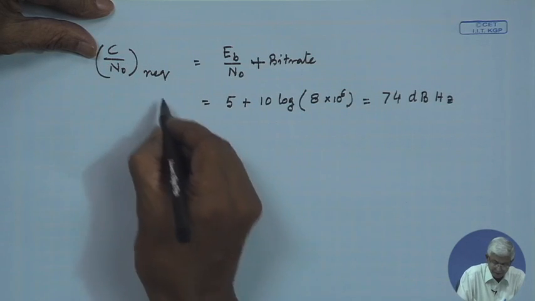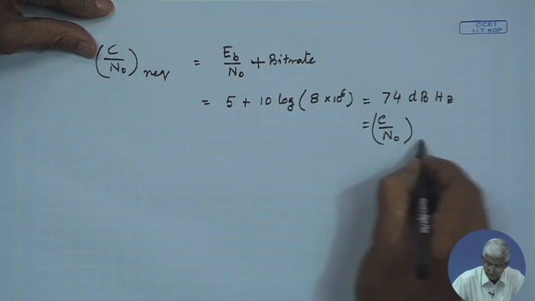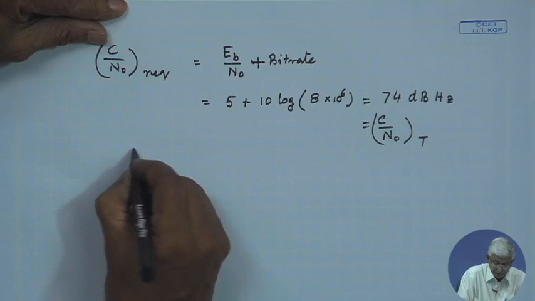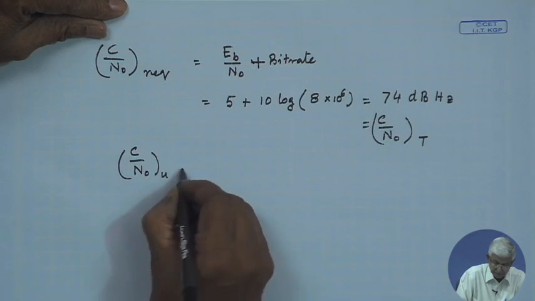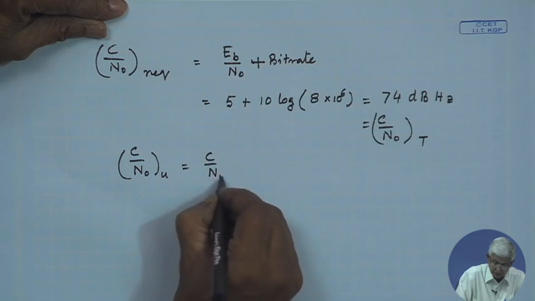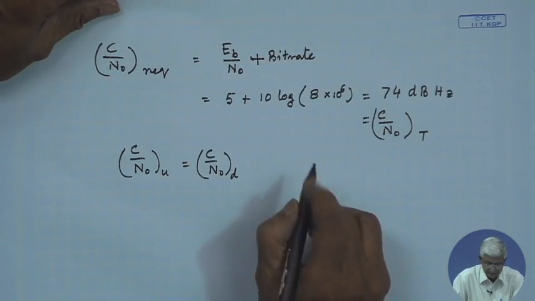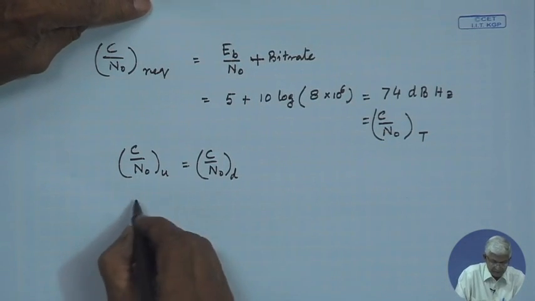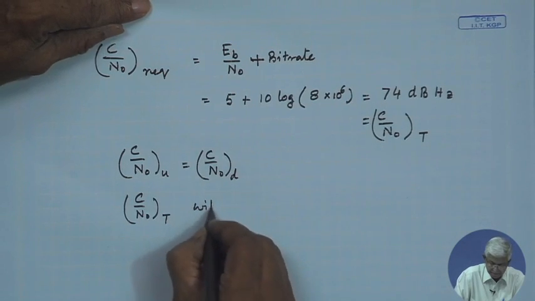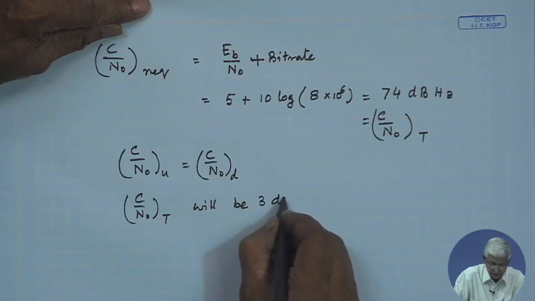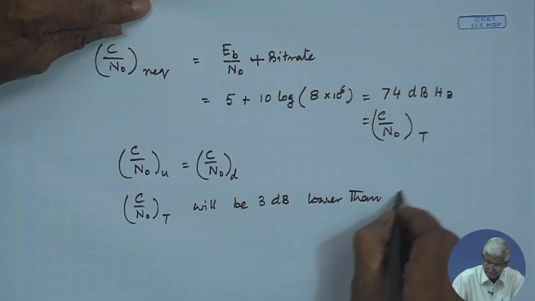Now remember, C by N naught required is for the totality, the whole link. So therefore I can call it, it is same as C by N naught total. Now if you remember, we said at the beginning C by N naught of the uplink and C by N naught of the downlink are same because the same sizing is used, and if they are same, then C by N naught total will be 3 dB lower than any one of them.